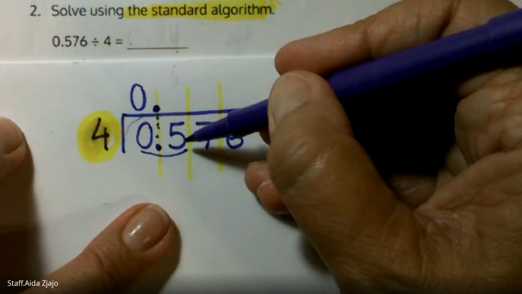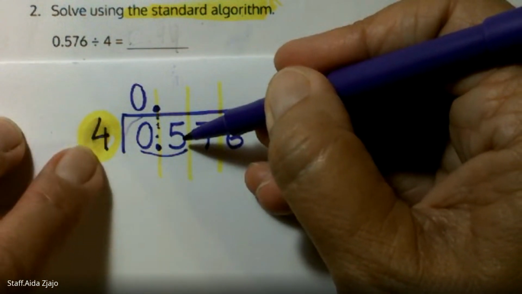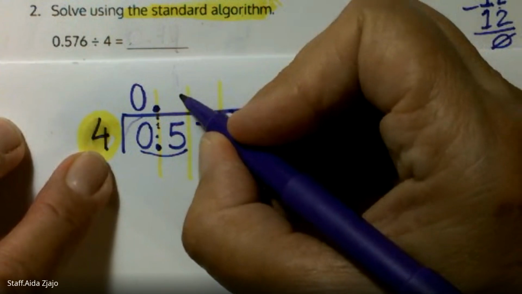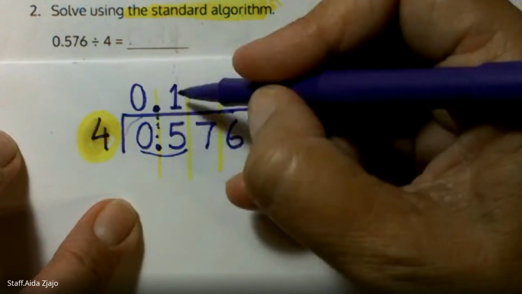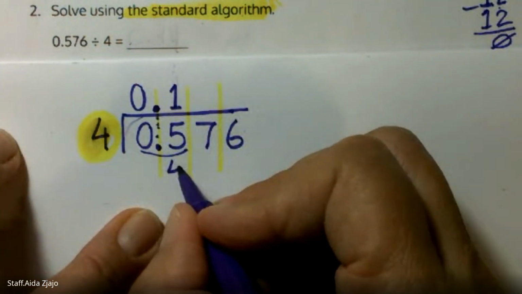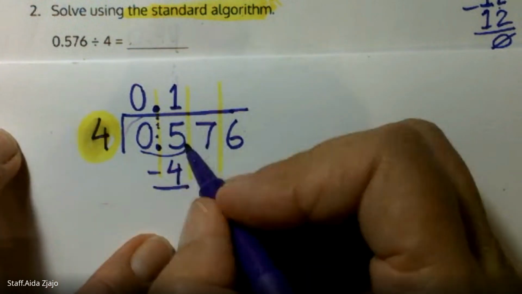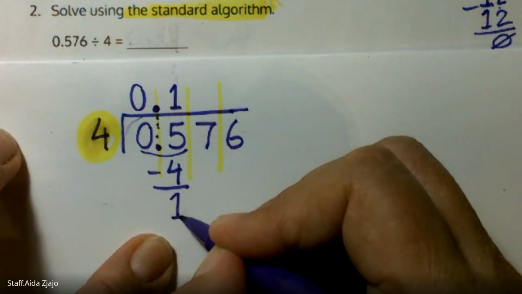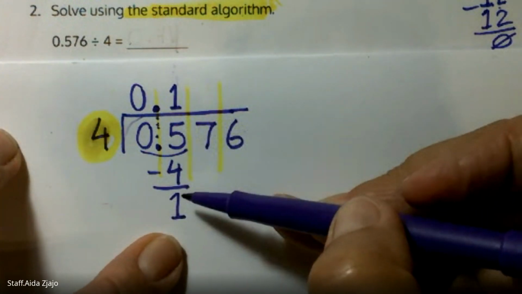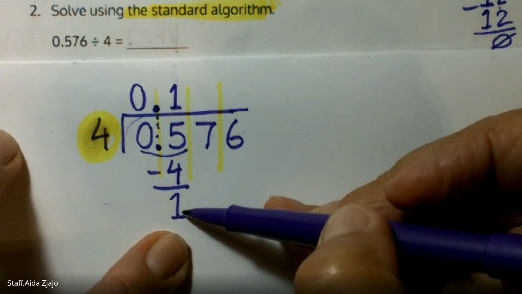If I have 5 tenths, I can make a group of 4. I can make one group of 4 tenths in there. 1 times 4 is 4. Now I can share. 5 minus 4 is 1, so 1 tenth will be left.